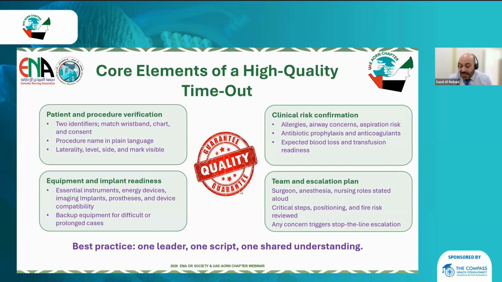I have to make sure that the full procedure with the code matches what I have in my system or my papers. I need to confirm the patient position, whether lateral, supine, or semi-Fowler, which side, and what the visible mark is.